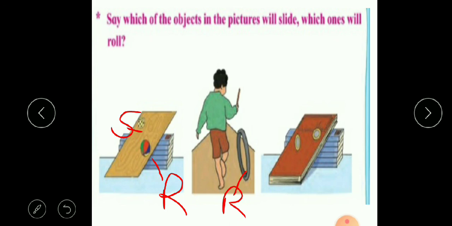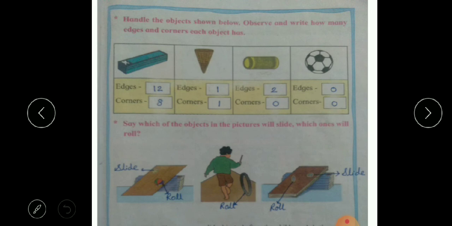In the third picture there is a coin. The base is flat. So this coin will slide as there is a flat base, and this will roll as it is round. So in this way you have to complete this portion in your maths textbook itself.